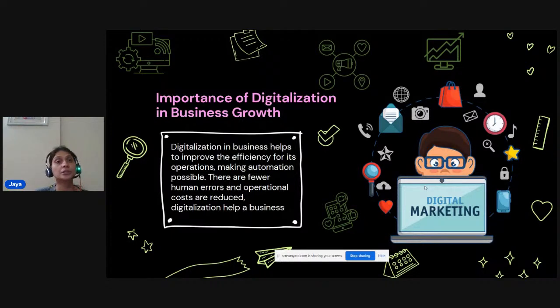You get repeat purchases as well as more and more new purchases, and you can build a new customer base. That is the importance of a digital tool, to make it convenient for people to use your website and app online, because nowadays every person is handling a smartphone and they have internet on their phones, and it makes it easier for them to go through it.